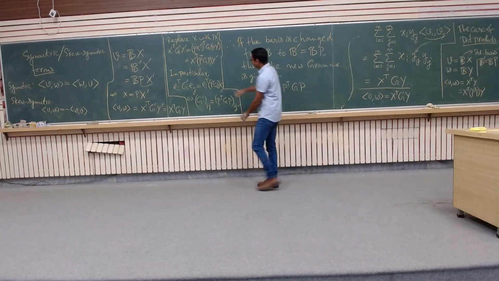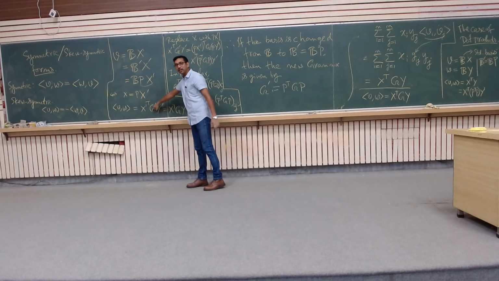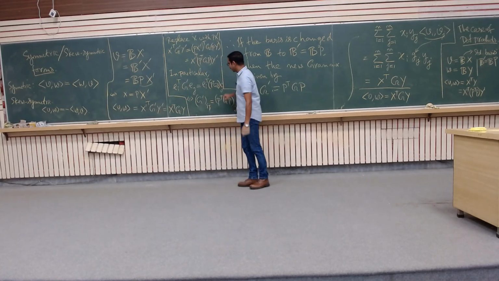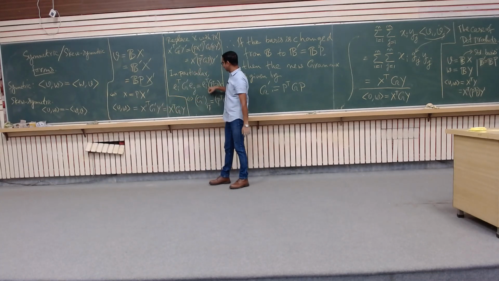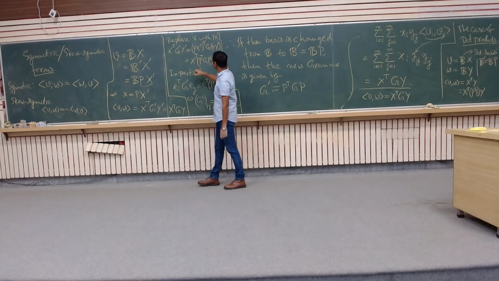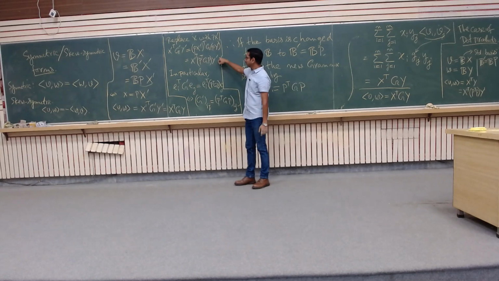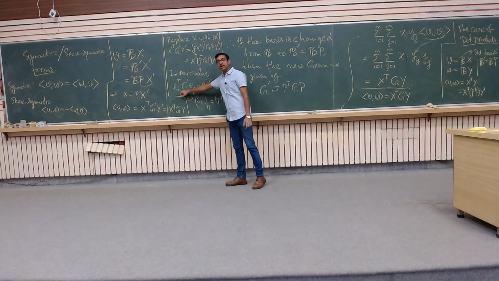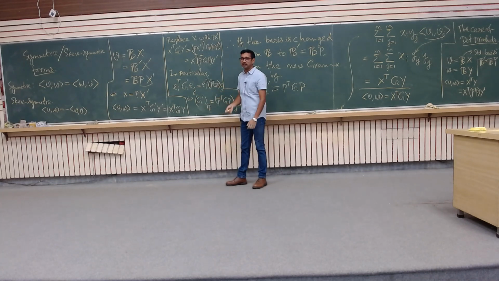And here what you are doing, you are just taking a set of coordinates, and here too. So indeed this is in here, and these ones are also in that basis, I mean, with respect to B dash. Recall what we had, x dash transpose g dash y dash is equal to x dash transpose this new matrix y dash. Now you are choosing x dash as EI and y dash as EJ. That's all.